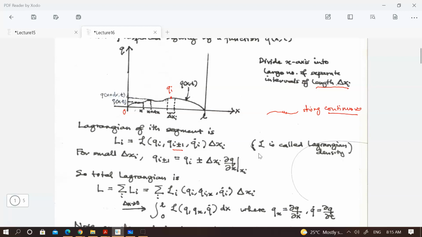So it will depend on the position of the ith segment and the i plus or minus 1 segment. And again, just like the particle itself, it also depends on the velocity. Because we are approximating with segments, this will be multiplied by the length of the segment. So here is the length of the segment.